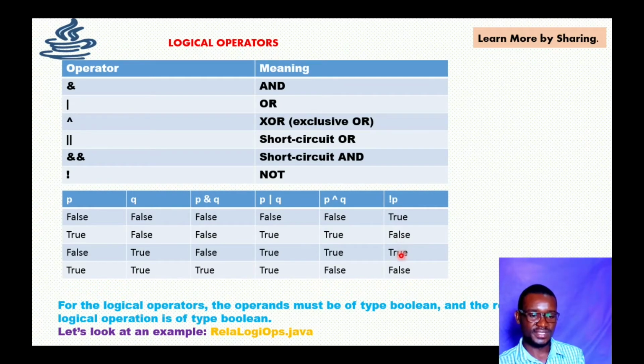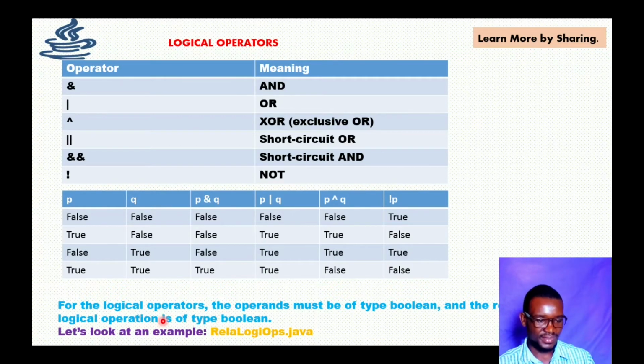Okay, so if we say not P, if it is false, it's true, because it's not P, it's not true. If we say not P and then it's true, it will bring out false because P is false. So these logical operators are of Boolean types, and the result that you get is also of type Boolean.